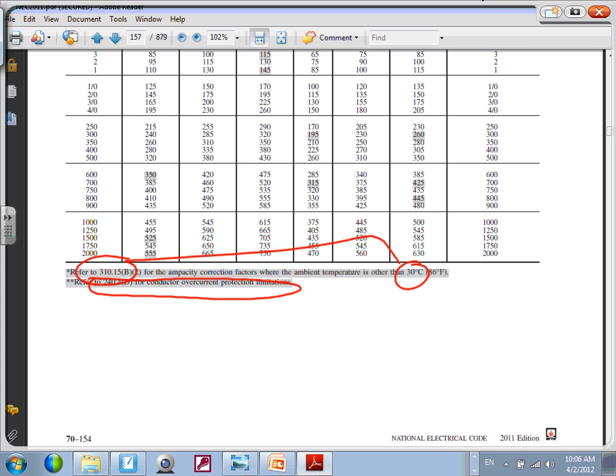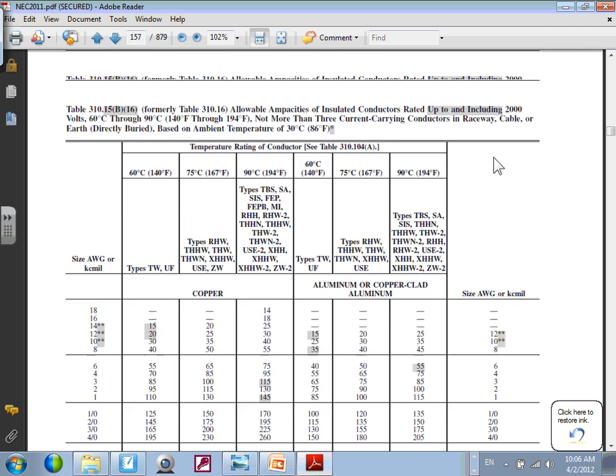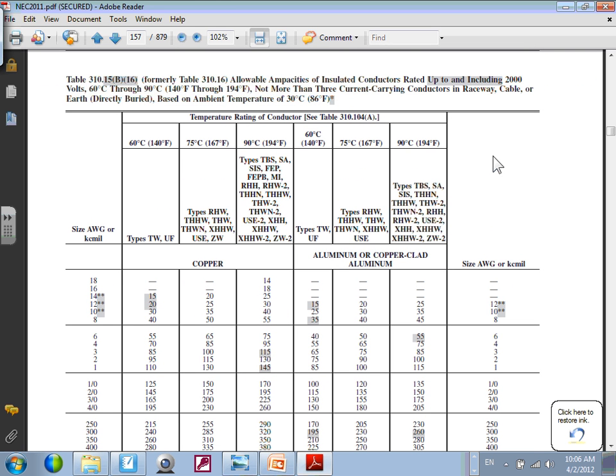Why should I use this table? The question would be, when do I know that I need to use this table? Well, do you have any of these installations? Are you in a conduit or underground on a cable? Then you're going to use this derating table.